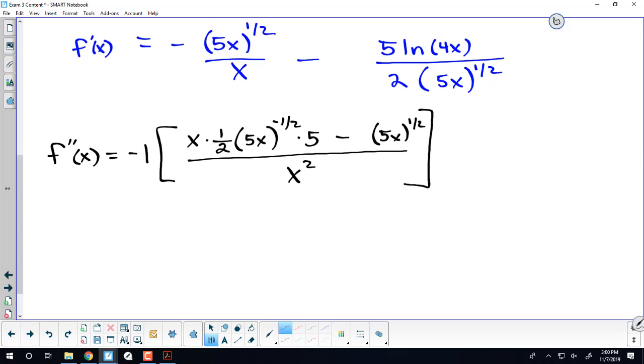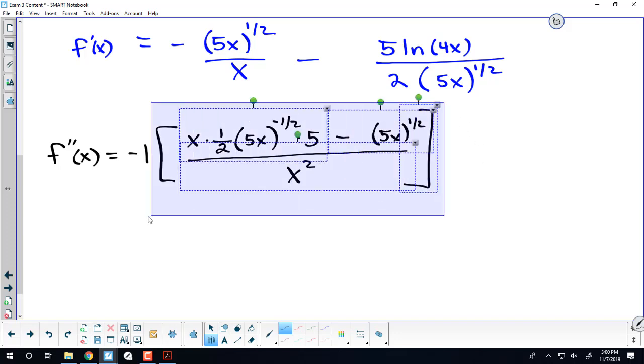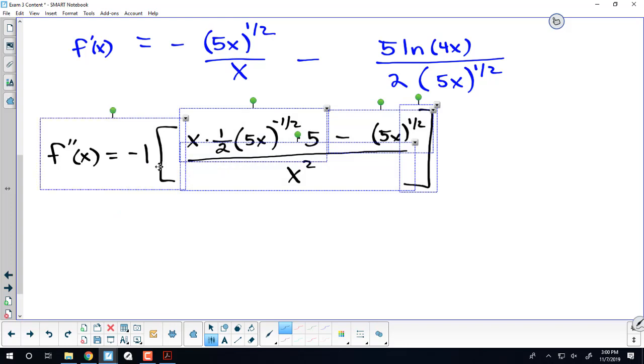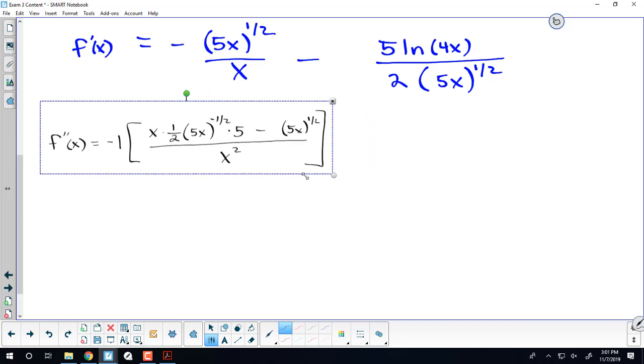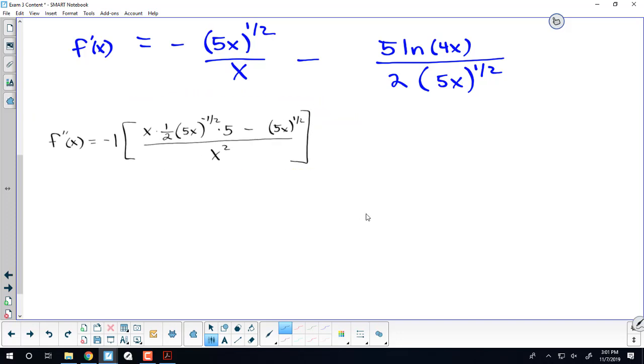Shrink this a little bit. So that was the first term, then we've got to take the derivative of the second term as well.